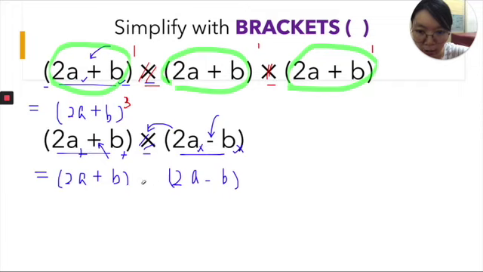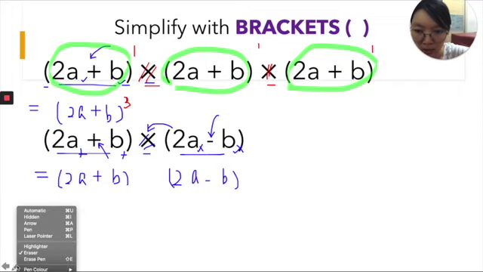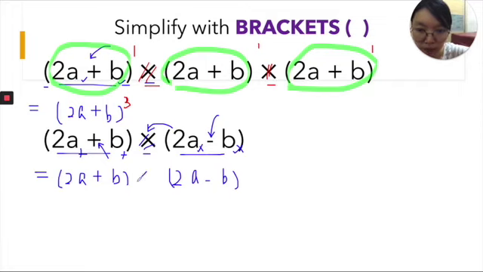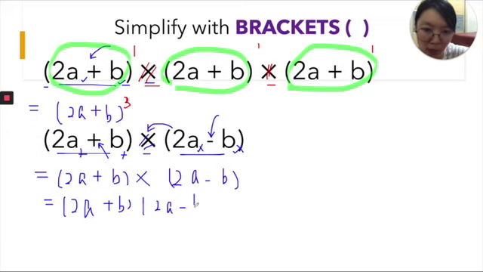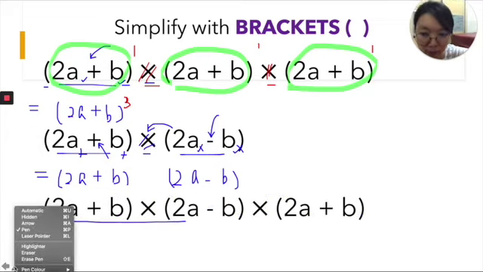I can also put down it as times here. And then the next step is I take out the times. So it is left with 2A plus B and 2A minus B. Times is gone. I have brackets and times.